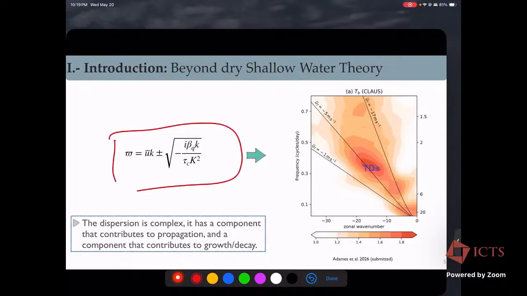And doing that, you will have a dispersion curve for these disturbances. Of course, the dispersion curve is a little bit complex compared to the dry theory, but at least you can have, for instance, the dispersion curves that explain the spectrum associated with the tropical depression system.